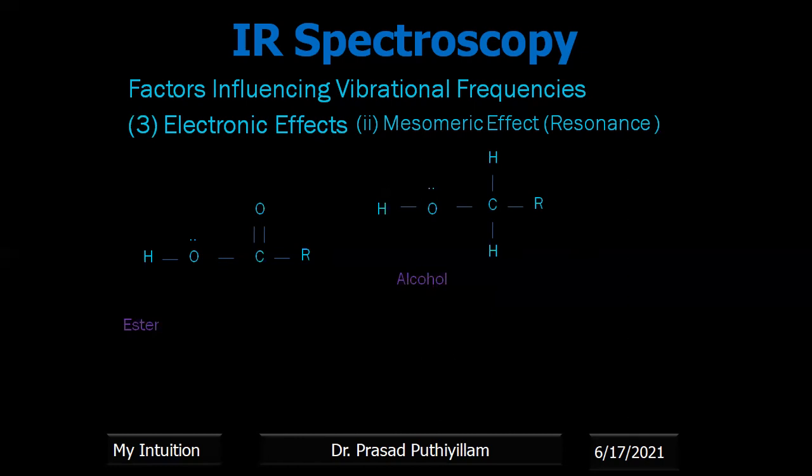So here also mesomeric effect is possible with the ester, but it is not possible with the alcohol. Here the oxygen has a lone pair of electrons, therefore it is in conjugation with the carbonyl functional group, and the lone pair of electrons can participate in mesomeric or resonance effect.